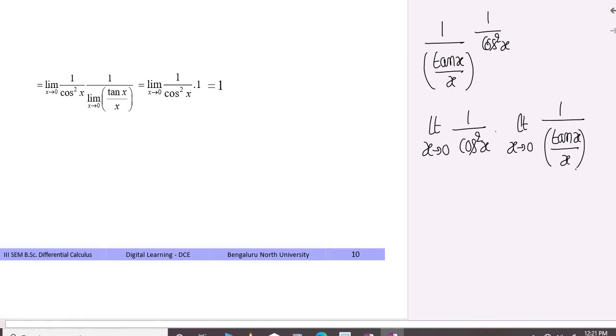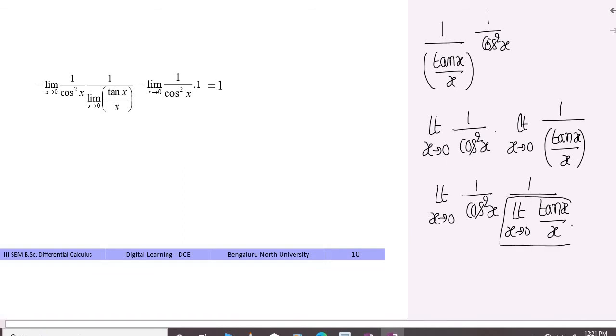But in the numerator we have 1, and the limit of a constant is itself. That means we get limit x tends to 0 of 1 by cos square x into 1 by limit x tends to 0 of tan x by x. But we know the value of this limit is 1. That means 1 by 1 is 1. 1 into anything is anything.